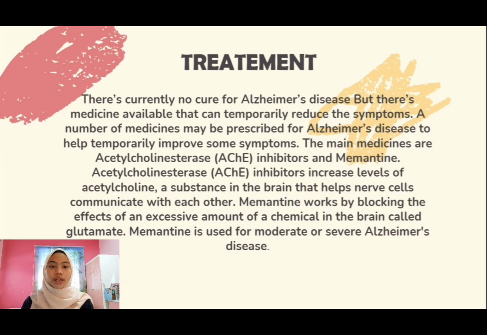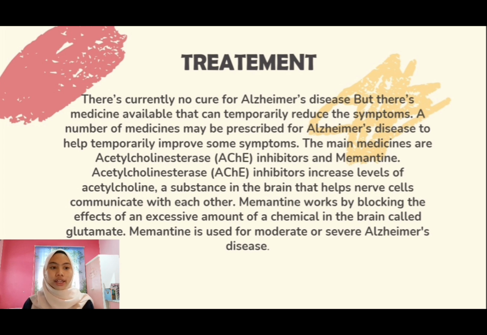As we all know, there is currently no cure for Alzheimer's disease, but there is medicine that can temporarily improve some symptoms, such as acetylcholinesterase inhibitors and memantine. Acetylcholinesterase inhibitors increase levels of acetylcholine, a substance in the brain that helps nerve cells communicate with each other.